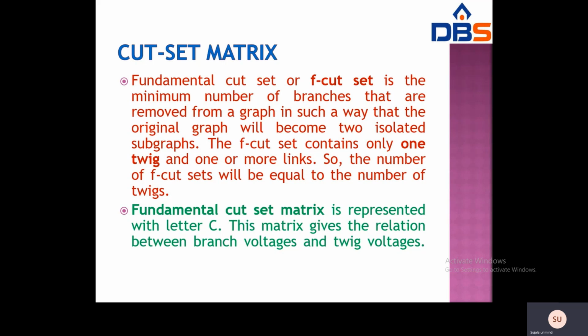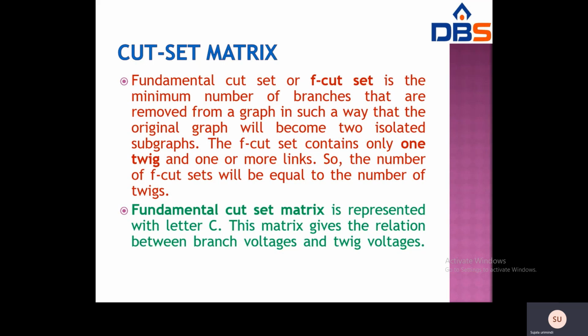For cut set, there is only one tree branch. The number of tree branches equals the number of cut sets. If n tree branches are there, n cut sets must be there. Cut set means you cut the graph, like cutting that piece. Like that, you have to cut the graph. It's nothing but the cut set matrix.